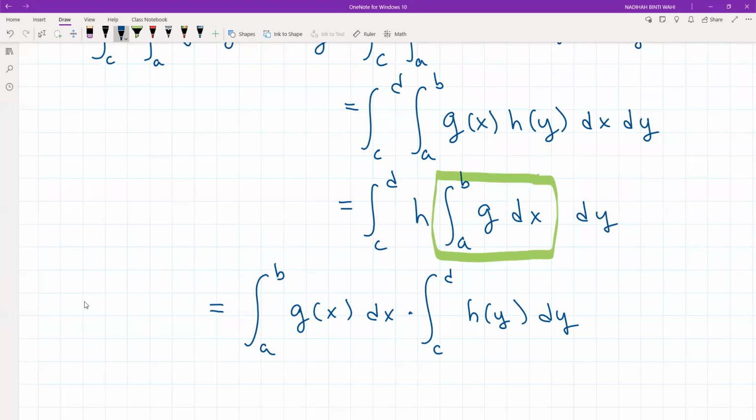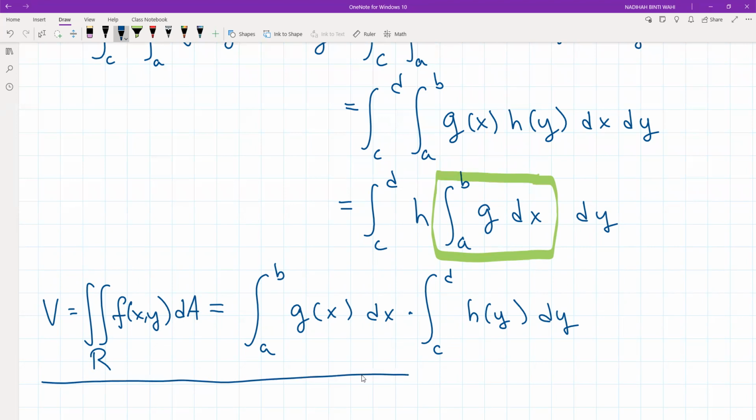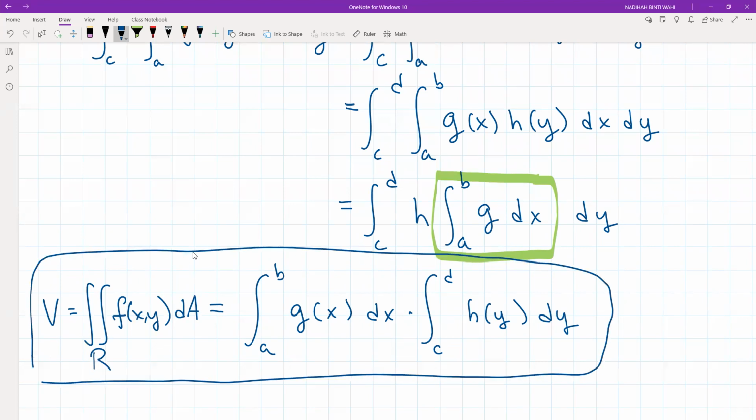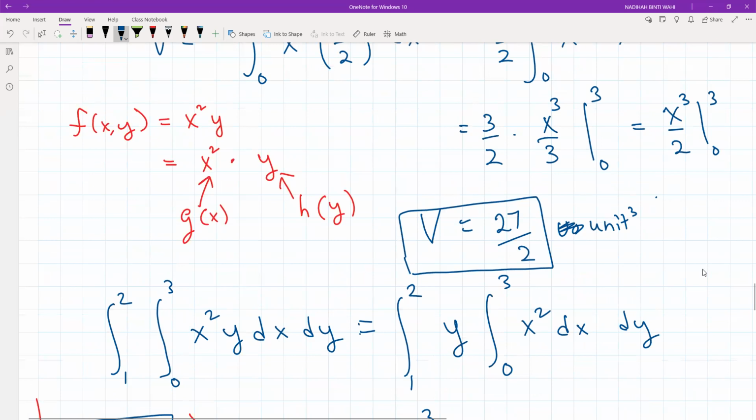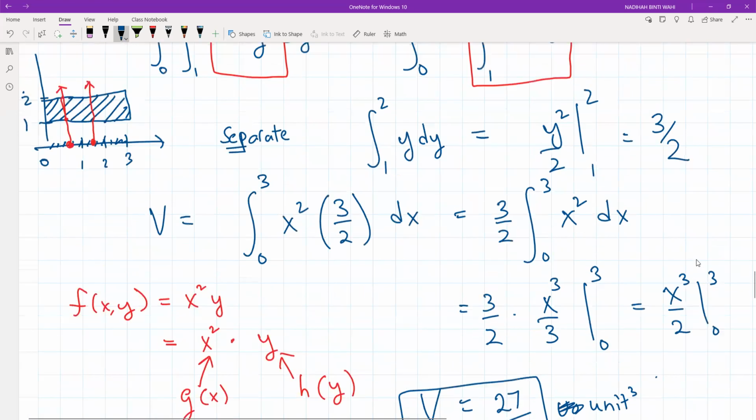Okay, so this is the V evaluated in R region, fxy dA. Okay, so ini adalah continuation from Fubini's theorem, as long as you can separate this variable. Kalau tengok contoh yang macam kita buat tadi. Okay, let's see this example.